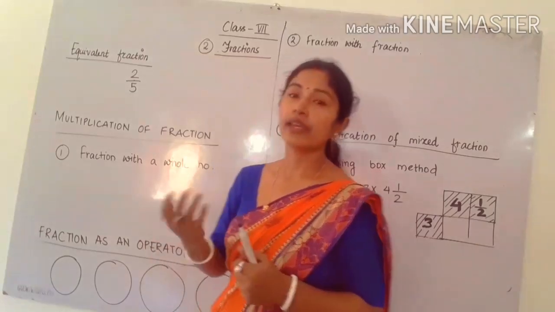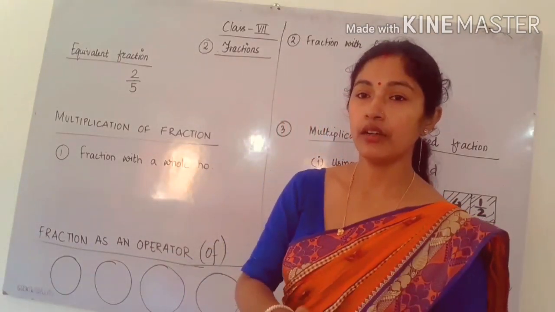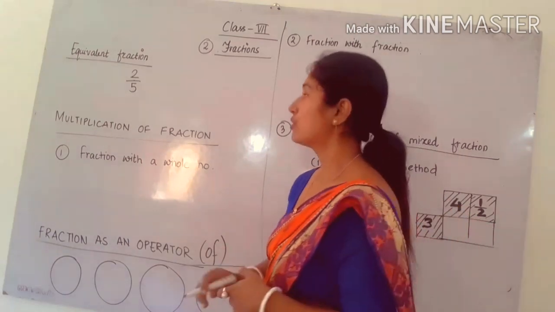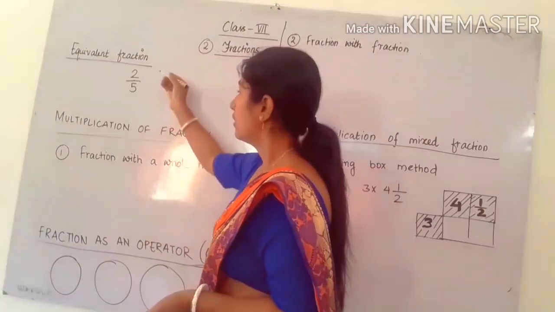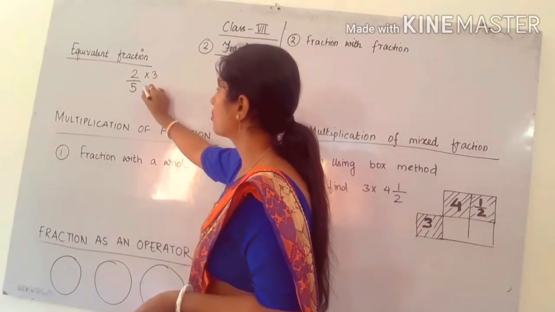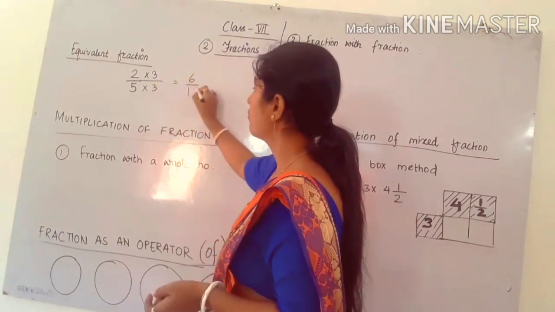So just think of an integer and multiply it to the numerator and denominator. You will get a new fraction. So suppose 3. If I multiply the numerator by 3 and the denominator also by 3, you will get 6 by 15.